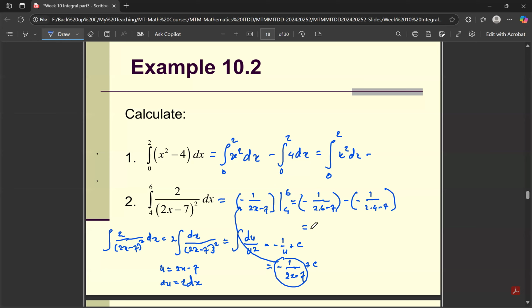Then we have minus 1 over 5 here. 12 minus 7 will be 5. Minus minus becomes plus 1 over 8 minus 7. We will have 1. And then we have our 4 over 5.